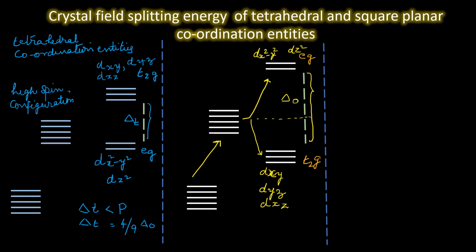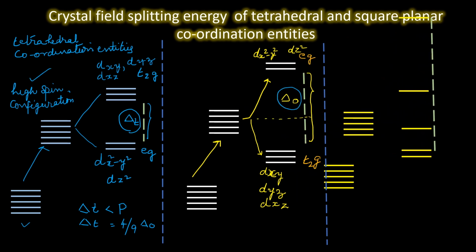I have already explained high spin and low spin complexes in previous videos. Please watch them. I have explained why tetrahedral coordination entities have low crystal field splitting energy, why they give rise to high spin complexes. Always remember that delta T is much less than delta O.